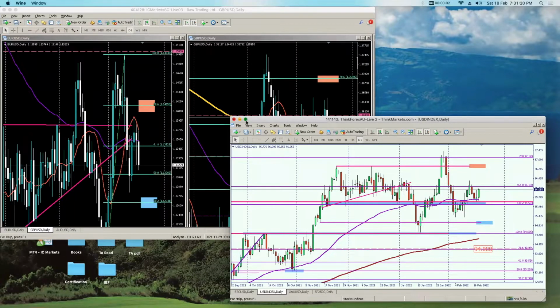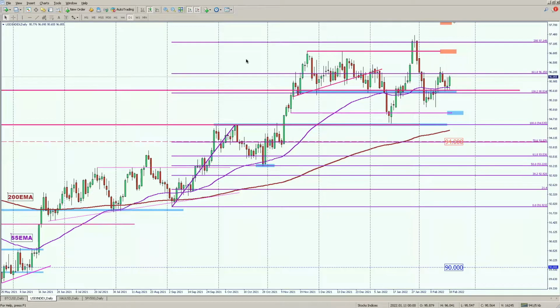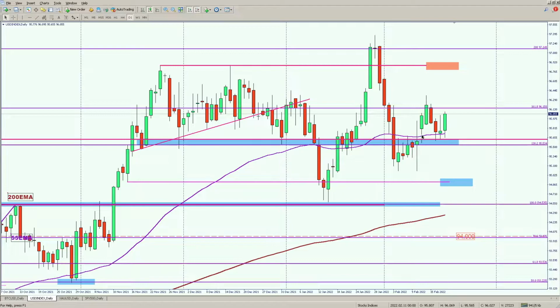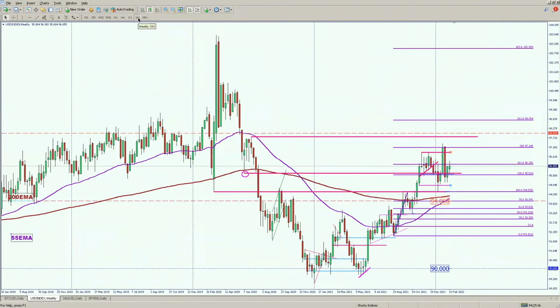It did try to climb up higher at the start of the week on Monday, but pulled back into the support until Friday, then managed to recover and bounce from the support here just above the 138 Fib extension, where there was a previous support level, this previous swing low.